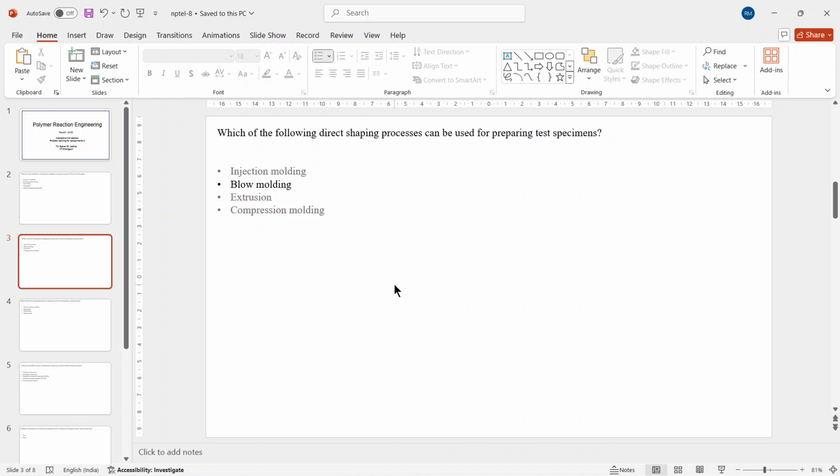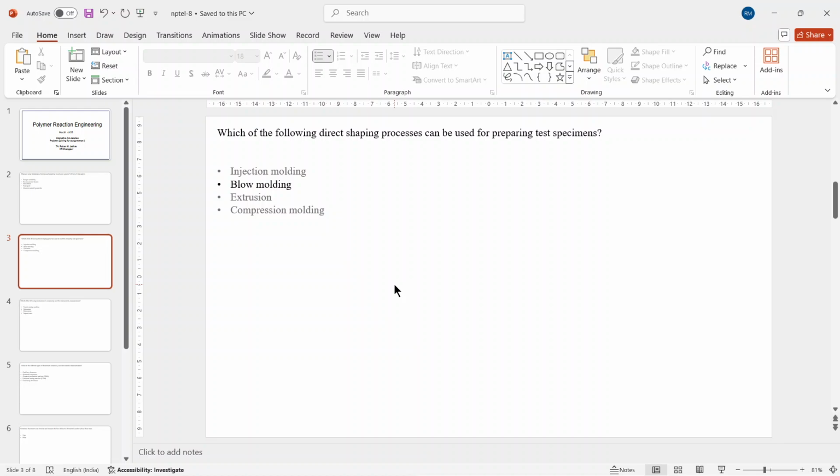So that's why blow molding is difficult. The blow molding process is not suitable for preparing the test specimen. If you want to make a test specimen, you have to do the blow molding process and then cut a sample out of that, which might also vary because of the manufacturing process itself. So blow molding is not the correct answer for this.